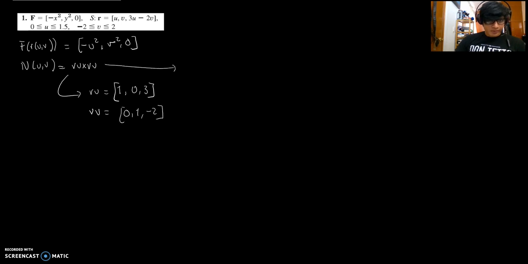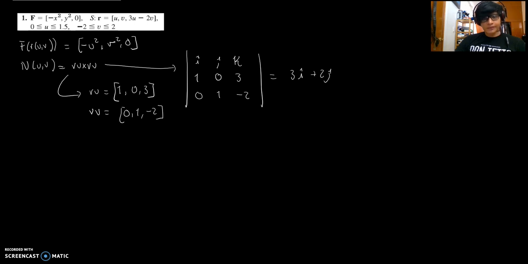So this cross product will be equal to the determinant with i, j, k, 1, 0, 3, 0, 1, minus 2. And this will be equal to 3i and minus, so plus 2j and plus k.